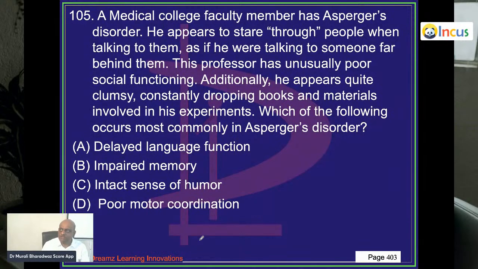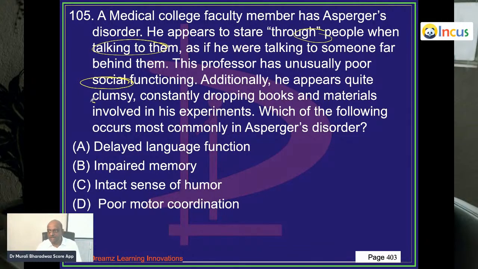A medical college faculty has Asperger disorder. He appears to stare through people when talking to them, as if he were talking to someone far behind them. Yeah, a lot of professors used to scare us, right? So this professor has unusually poor social functioning.